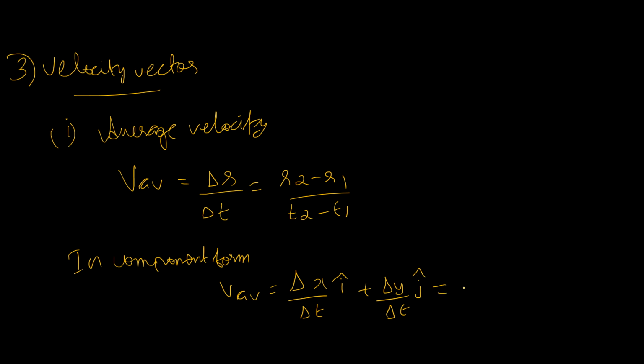This is again equal to delta Vx i cap plus delta Vy j cap. Just know how the component form is written. It won't be asked in problems, but sometimes they will ask which one of the following represents the velocity vector in component form. What you're seeing in the RHS, either this or this can be the options. That's why.